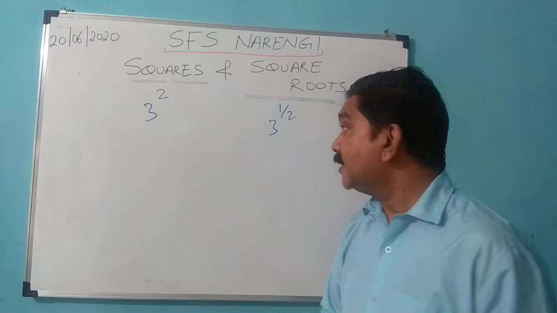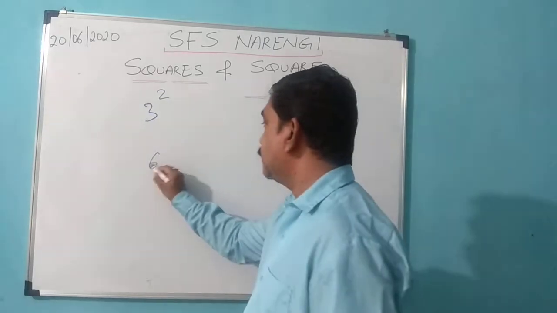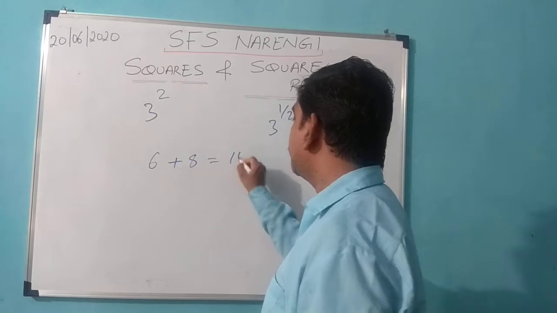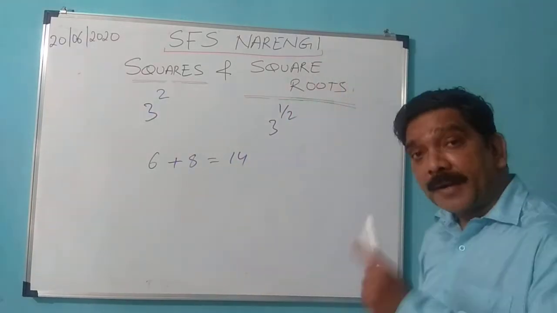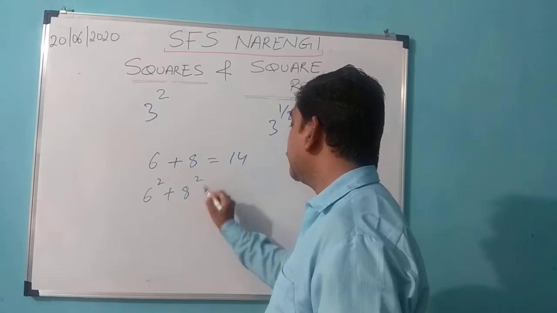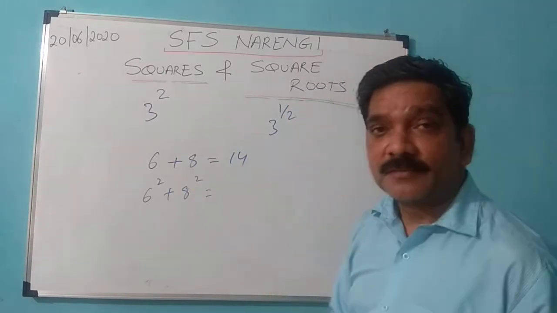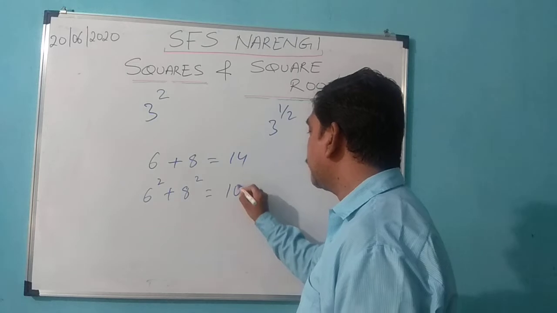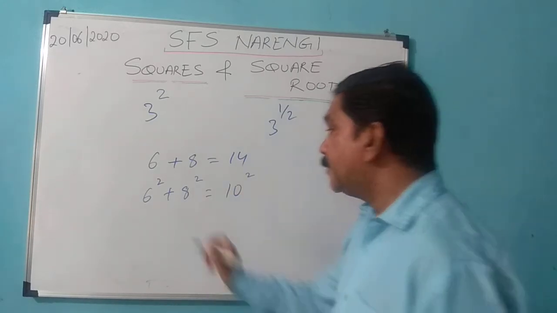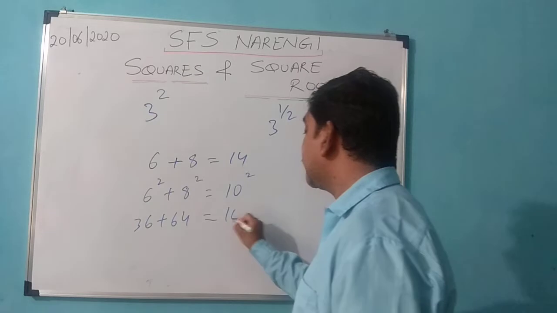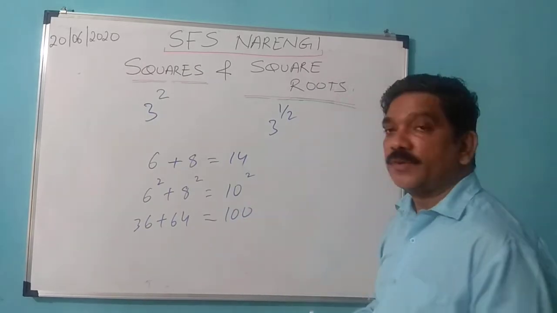What was that? Suppose if I add two natural numbers, I get 6 plus 8 is equal to 14. But if I square them, 6 square plus 8 square, is it 14 square? The answer is very clear. It is not 14 square, it is 10 square, because this is 36 and this is 64 and the sum is 100. 100 is nothing but 10 square.